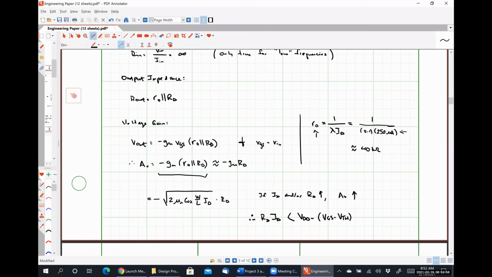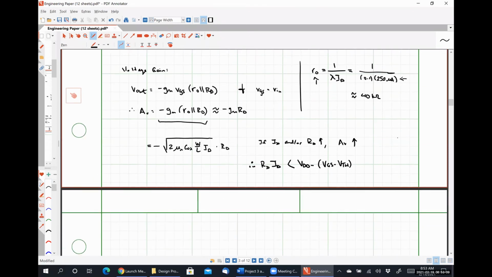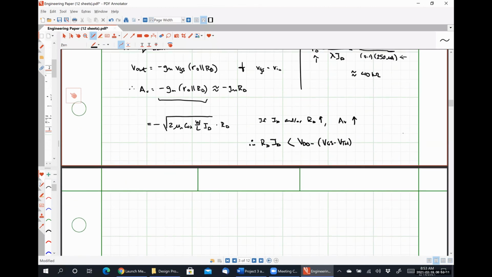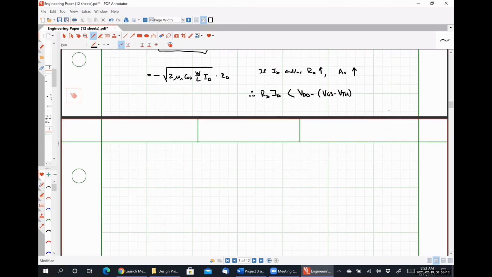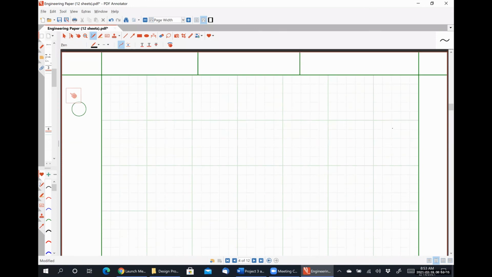Okay. Now we can actually mitigate this by a clever structure. What if instead of having that resistor RD, we replaced it with a current source?